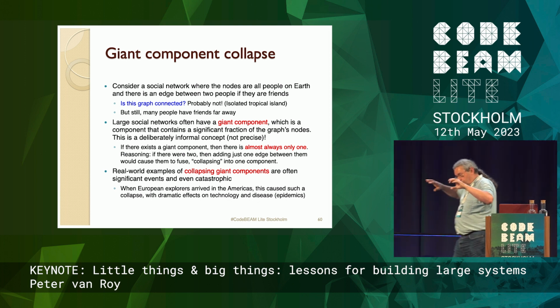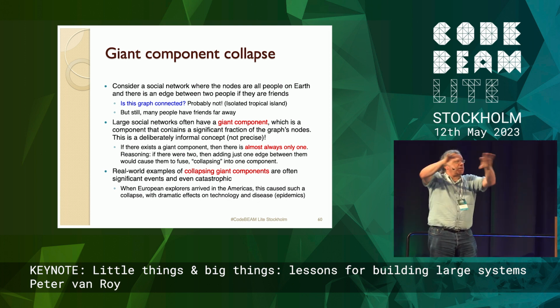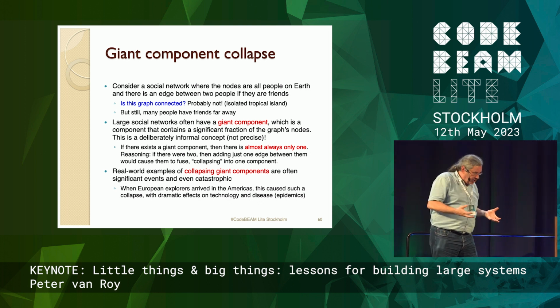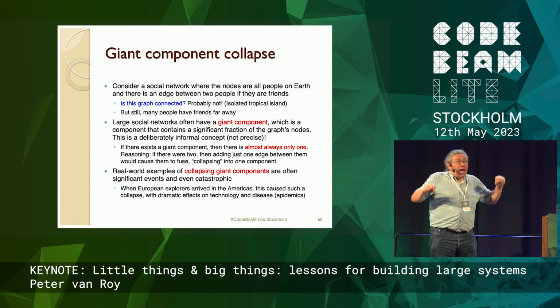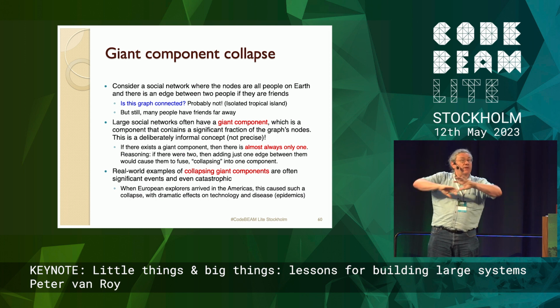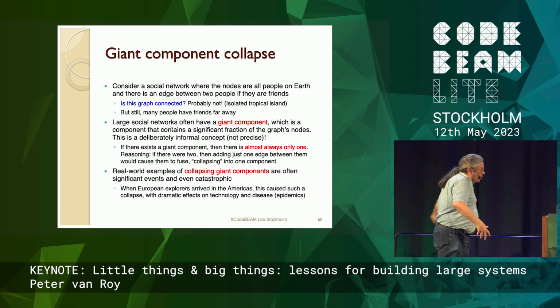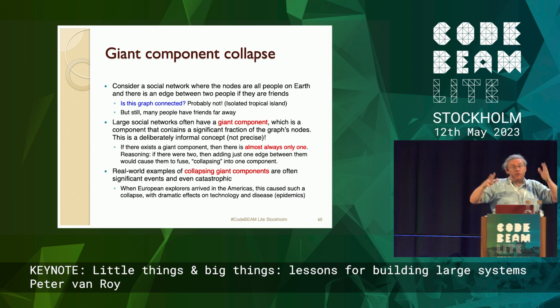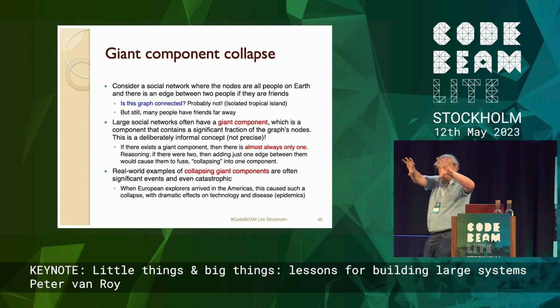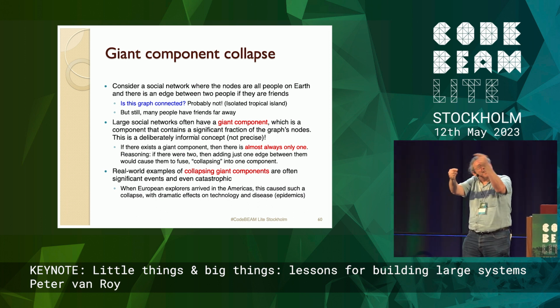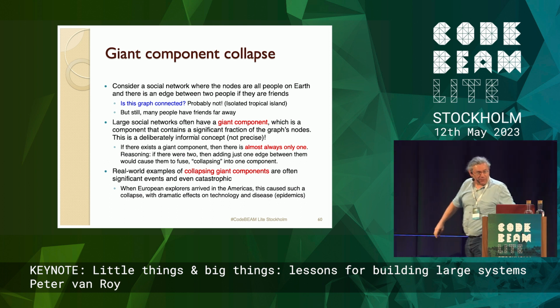So you have a component, like the strongly connected component, a connected subgraph, and almost all real-world networks have a single component that has most of the nodes in it. Most is like 50% or 80%, some high percentage. And there's almost always exactly one, of course, because if there were two, it only takes one connection for them to collapse, of course, huh?